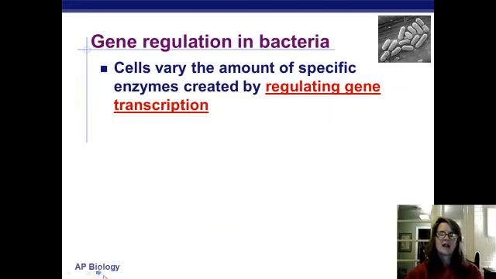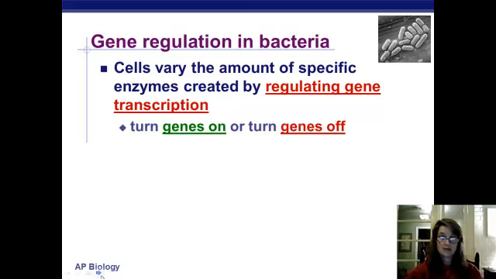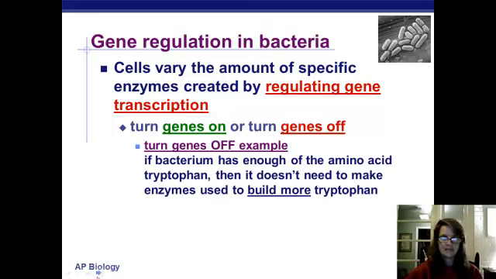Now, generally speaking, cells can control the amount of enzymes, proteins they're creating by regulating whether or not the genes that code for those proteins are going to get transcribed or not. We can turn the genes at the DNA level on and transcribe them, or we can turn them off and not transcribe them, not make RNA, okay?